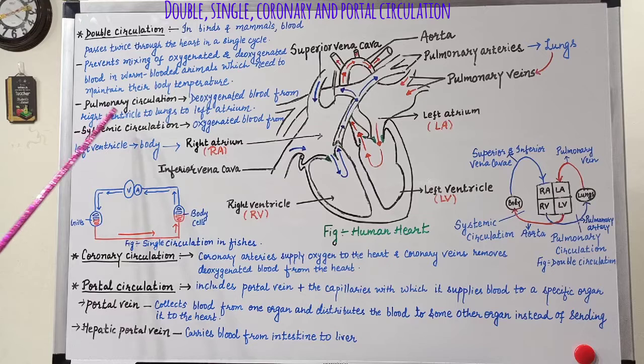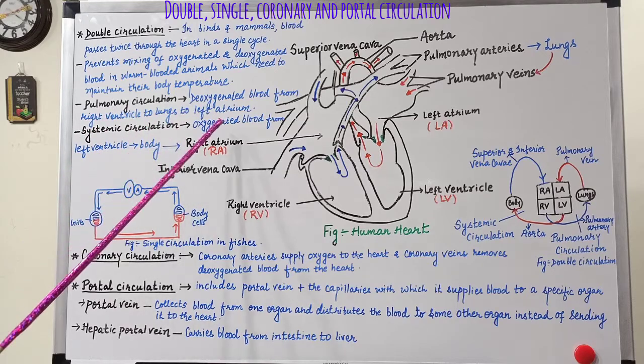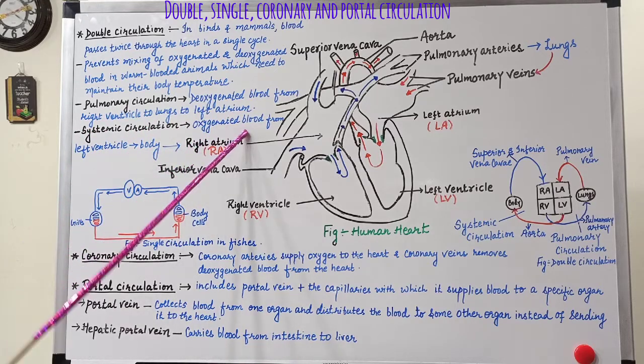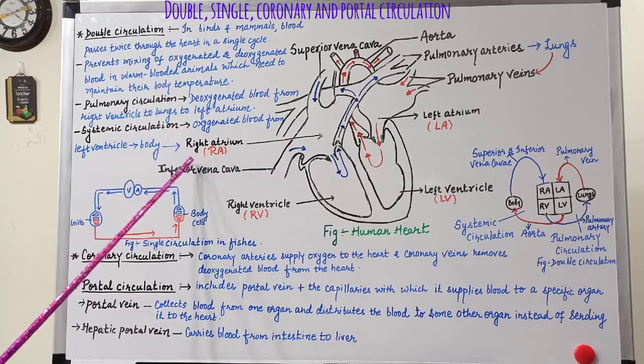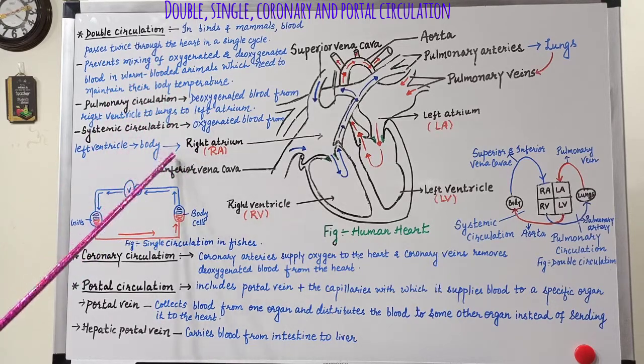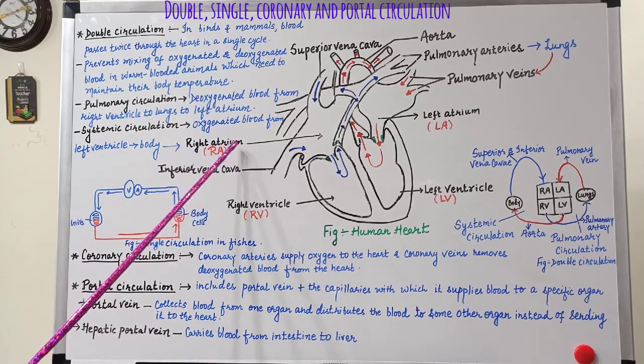It means systemic circulation includes the movement of oxygenated blood from the left ventricle to the body, where it gets deoxygenated after oxygen is used for respiration, and the deoxygenated blood comes to the right atrium.